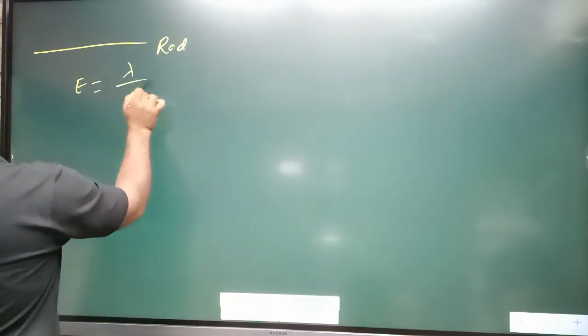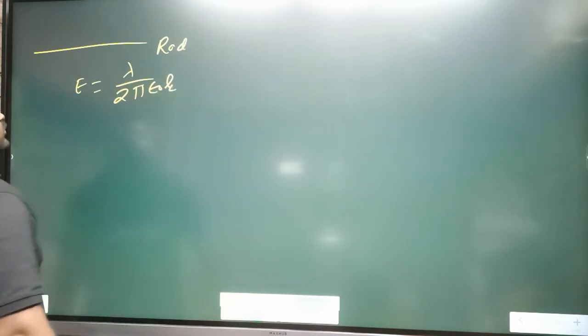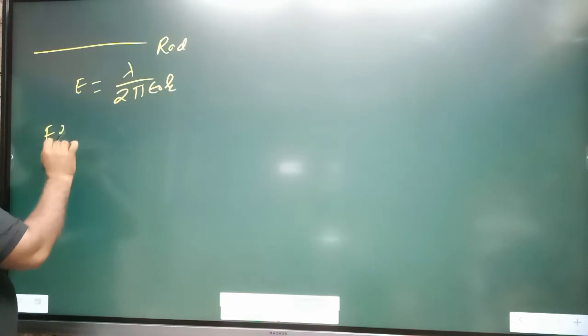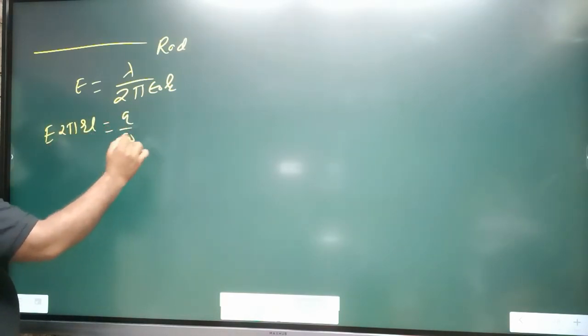Lambda by 2 pi epsilon naught r. E into 2 pi RL is equal to charge upon epsilon naught.